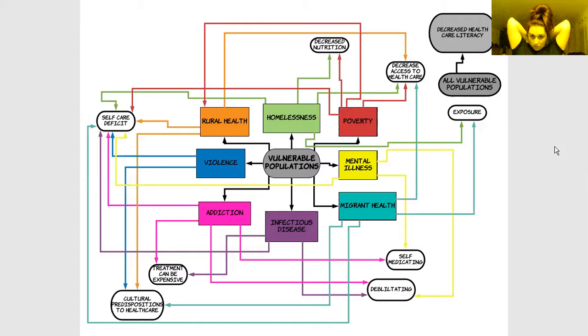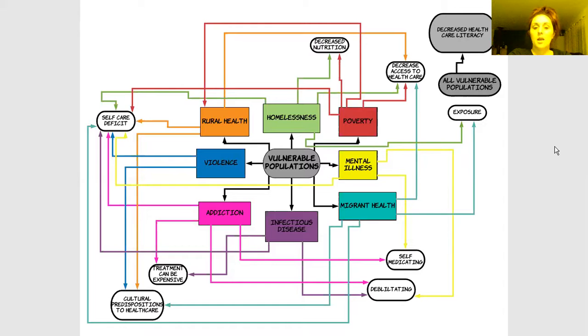So we'll move along to the bottom, and migrant health, of course, connects to self-care deficit. Migrant workers are seasonal and follow the work, and when you're trying to make sure that you can show up for the next job, it doesn't always mean that you have time to care for yourself.